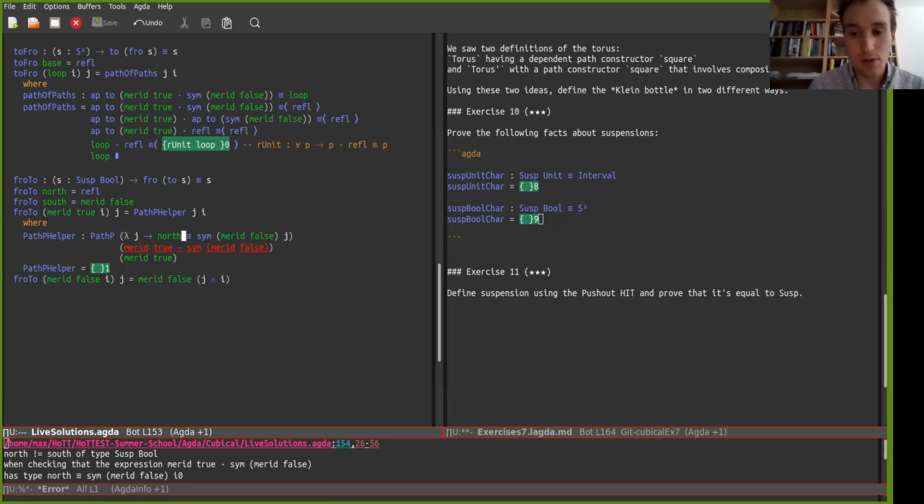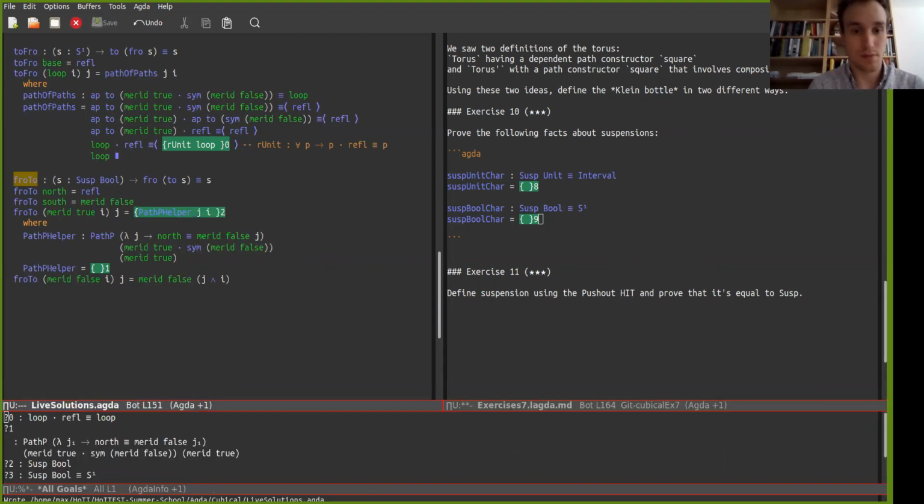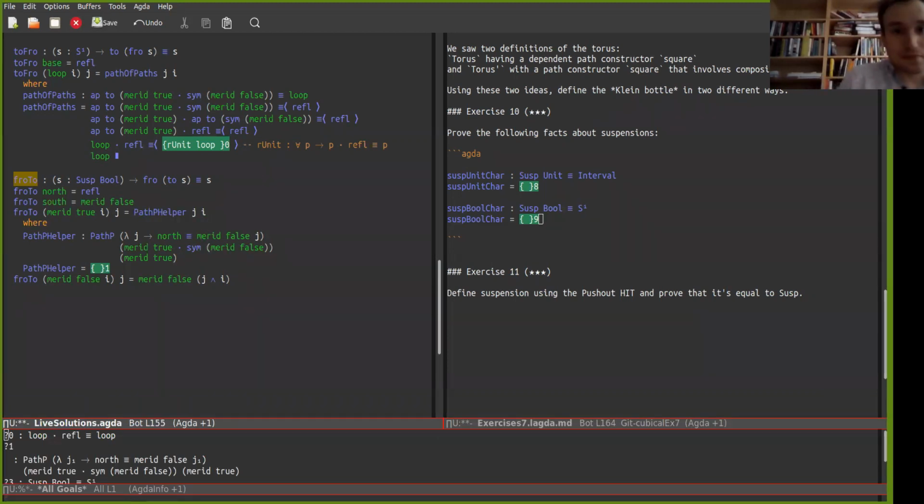This will be south. No, right. Have to think a bit. This and then these two change, right?